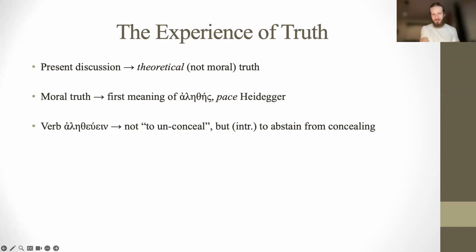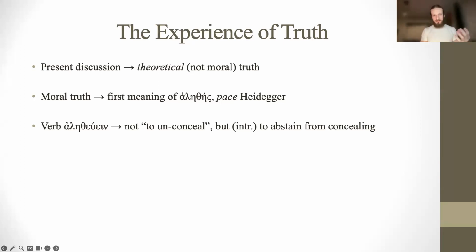And Jonas claims that this interpretation isn't really justified, that in ancient Greek, originally, aletheis was first used as meaning someone that is honest and truthful in a moral sense. And also the verb, aletheuein, does not mean to unconceal the way Heidegger would have it.